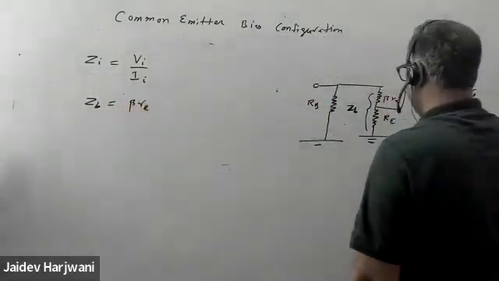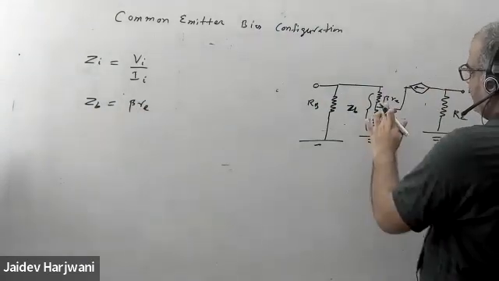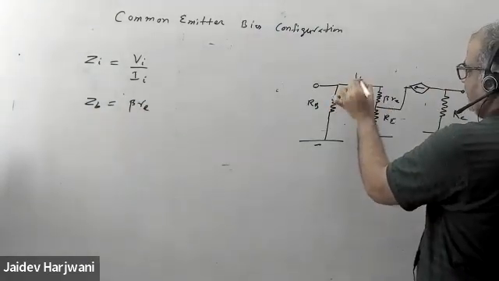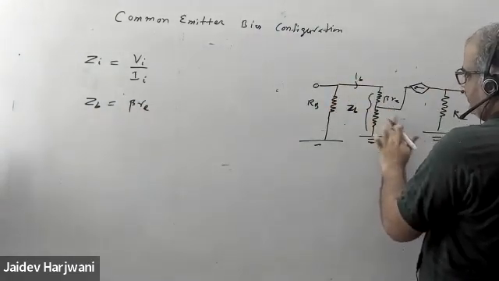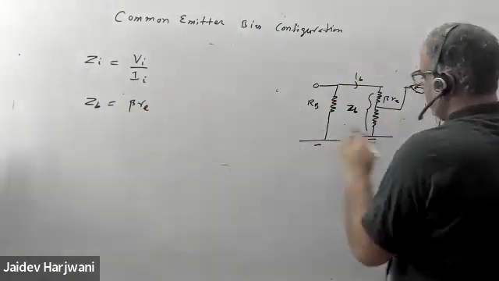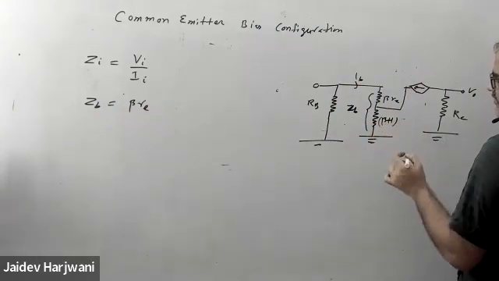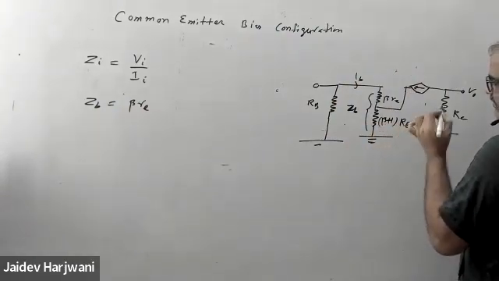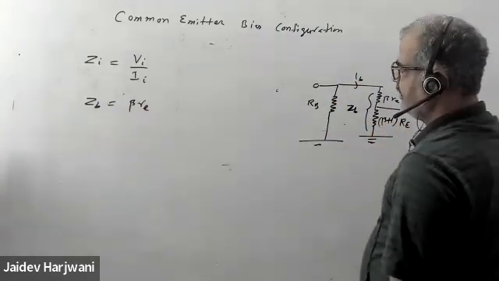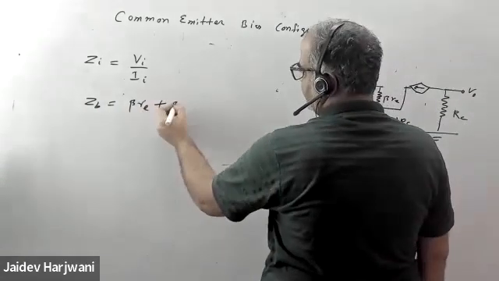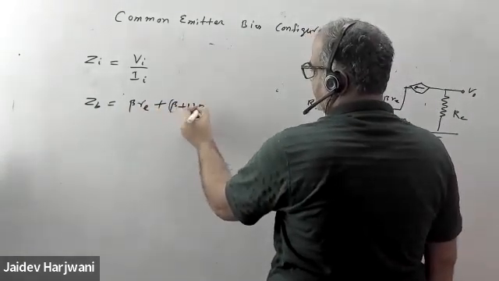Here the current IB was flowing, and here you know what current was flowing? IE in the circuit, and through RE the IE current is flowing. That is beta plus one IB current flowing. So this becomes beta plus one RE. So this circuit now becomes ZB equals beta RE plus beta plus one RE.